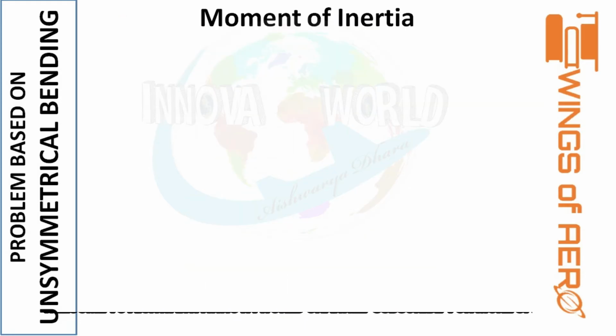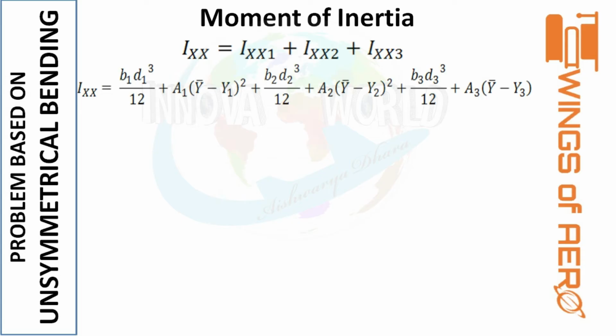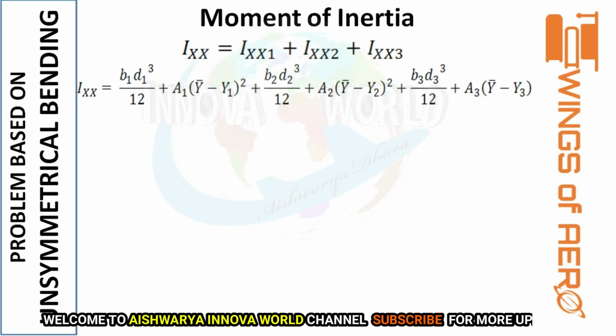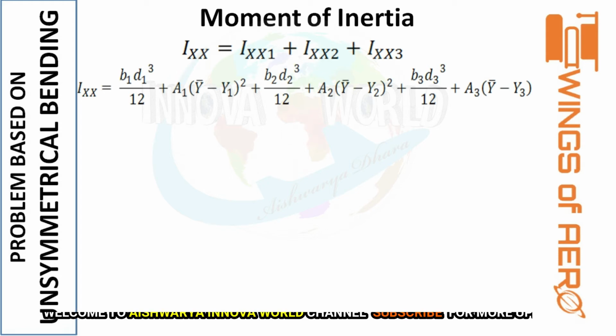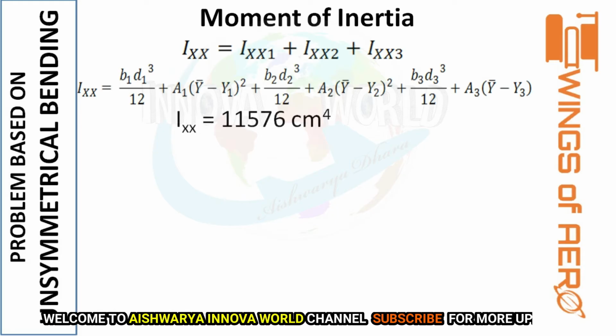Now to find the moment of inertia, that is Ixx, Iyy, and the product moment of inertia, that is Ixy. Recalling the formula for Ixx for the 3 different sections, we know B1 D1 cube by 12 plus A1 y squared. Substituting in this equation, we get Ixx equals 11576 centimeter power 4.